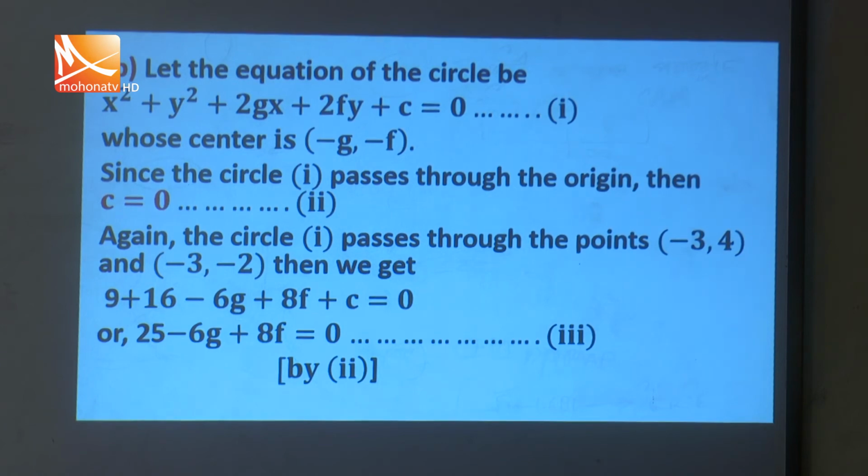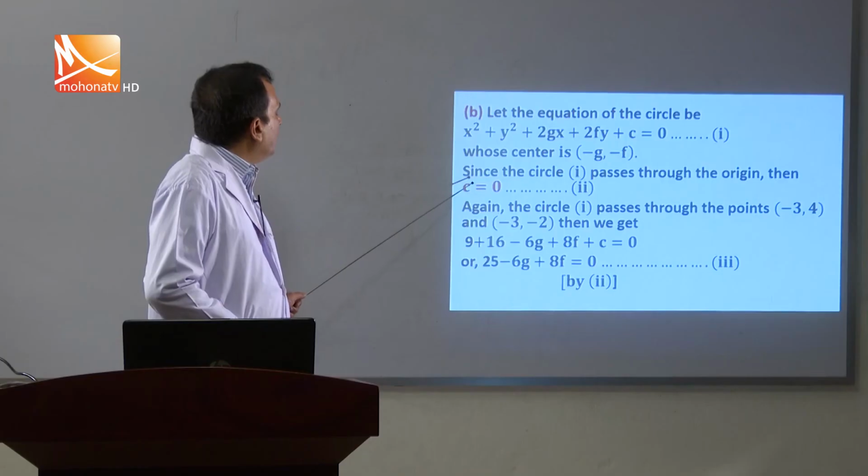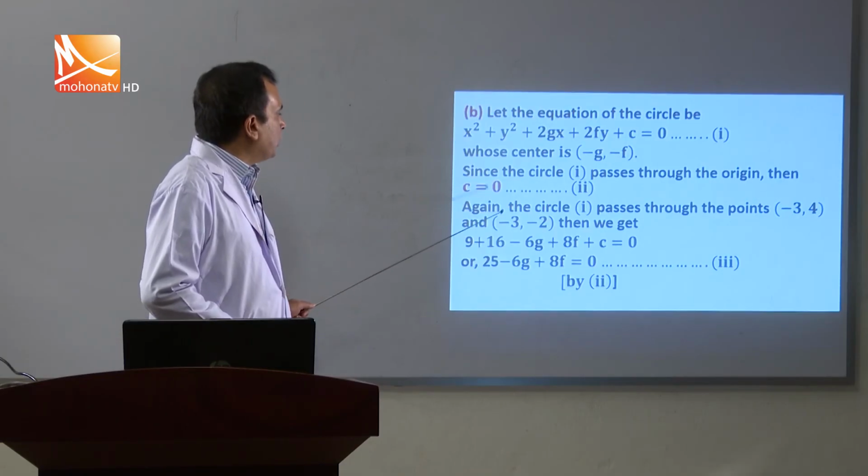Since the circle 1 passes through the origin (0, 0), if we put x equals 0 and y equals 0 in this equation 1, then we will get 0 square plus 2 into g into 0 plus 2 into f into 0 plus c equals to 0. Ultimately, we get a relation like this, c equals to 0.